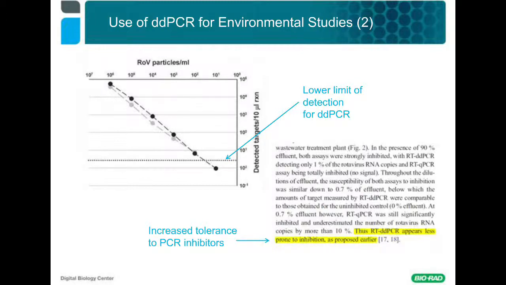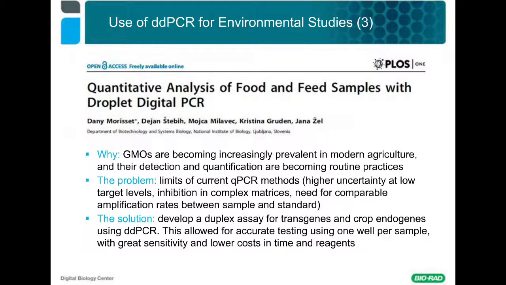Another publication from the same team of Dr. Morissette et al. uses digital PCR to quantify GMOs in food and feed samples. And the rationale for this was that since GMOs are becoming more and more prevalent in modern agriculture, it is necessary to develop more sensitive methods to detect and quantify them.